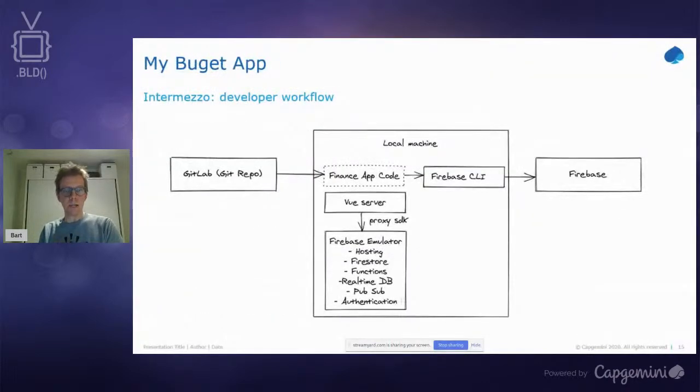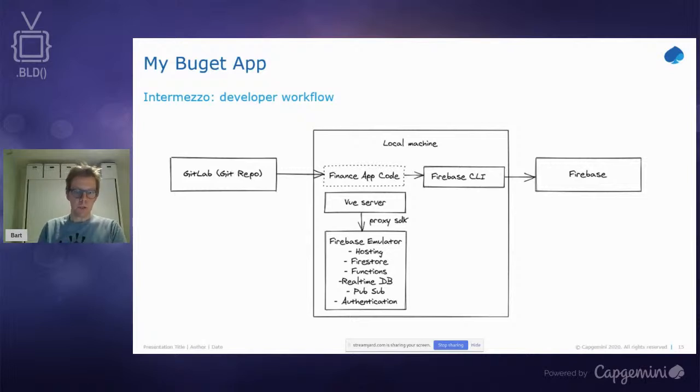So also here to recap the story that I've been telling so far, you've got your GitLab Git repo, in my case, where your code is located for your web app. You pull that into your local machine. You have a Vue server running to actually execute your code locally.